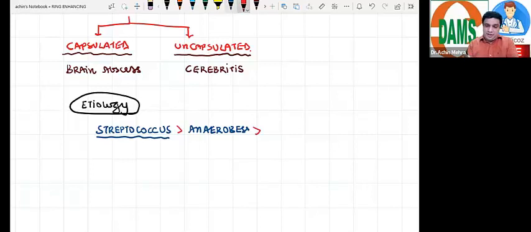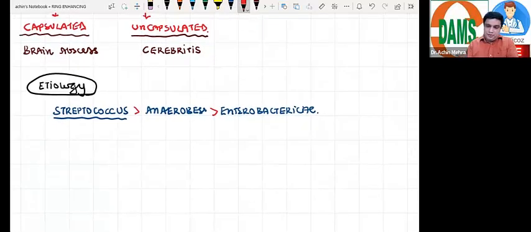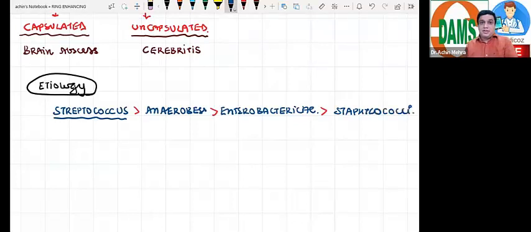After the anaerobes, we find Enterobacteriaceae. And after that, of course, we find our friend staph, staphylococcal. So that's the descending order in which the organisms are more commonly found.